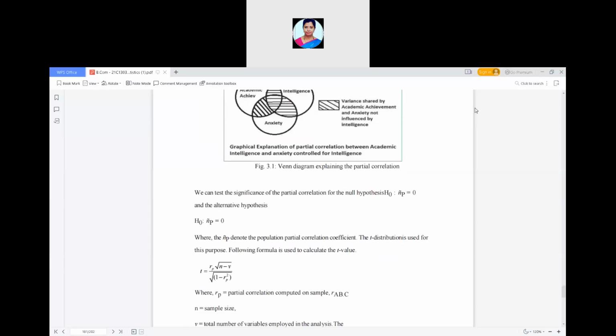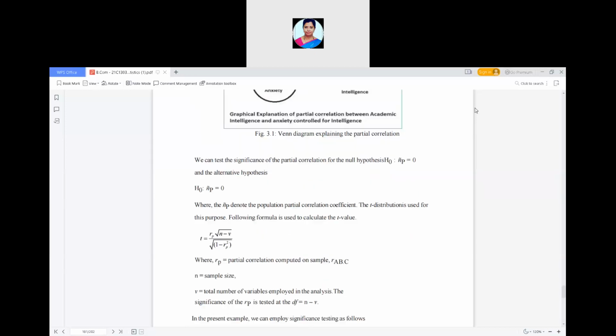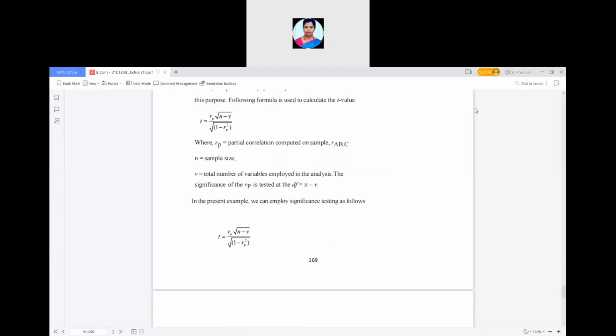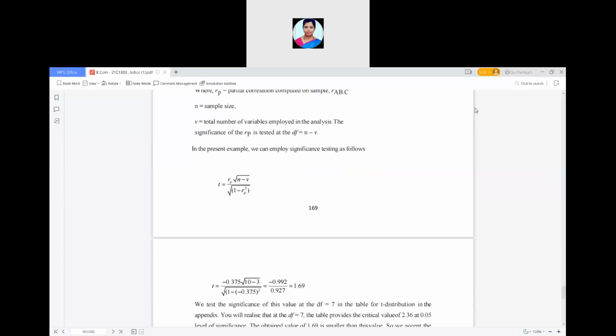Here we are applying the t test: t is equal to r p times the square root of n minus v, divided by the square root of 1 minus r p square. Here rho p denotes the population partial correlation coefficient, n is the sample size, and v is the total number of variables employed for analysis. The significance of r p is tested at n minus v degrees of freedom.